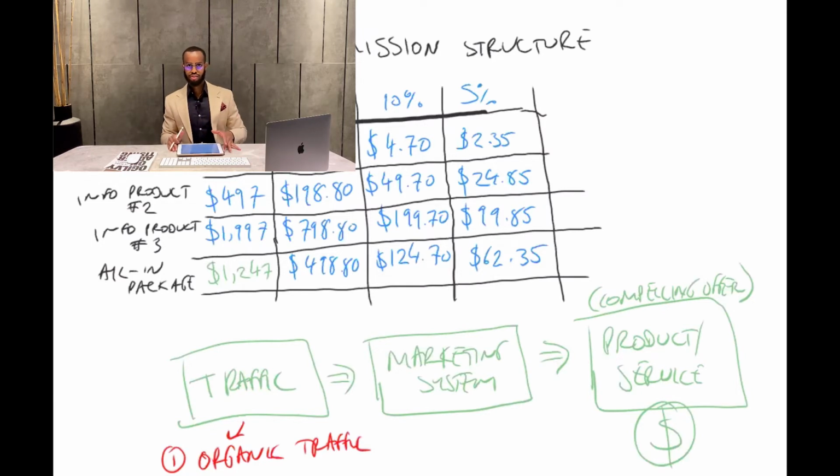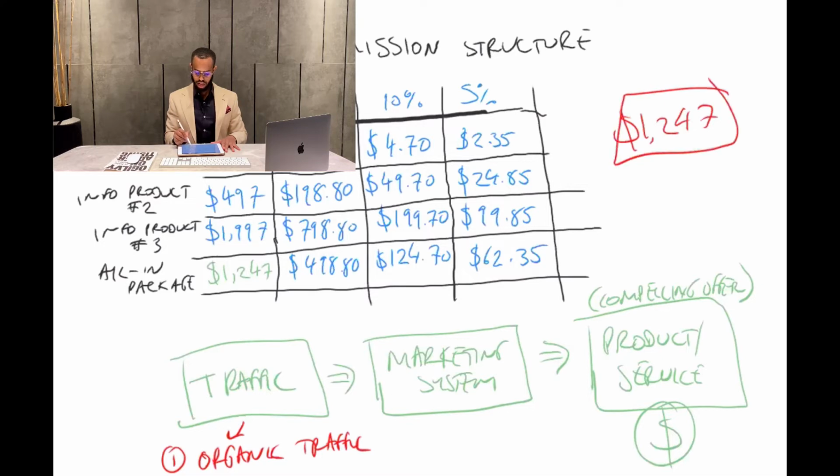Advantages of this is it's free, and as soon as you get the all-in package, which is $1,247, it means A, you've got the highest earning potential, and B, you're now going to just focus on organic traffic. You're going to earn commissions, and then what are you going to do with those commissions? That is the next question. Now, my suggestion is paid traffic.